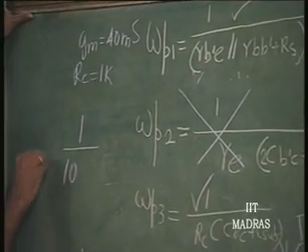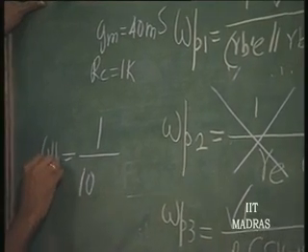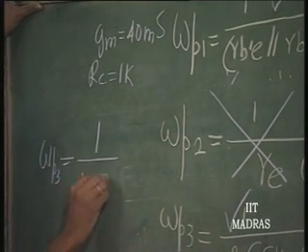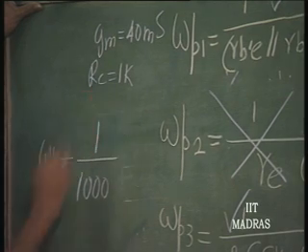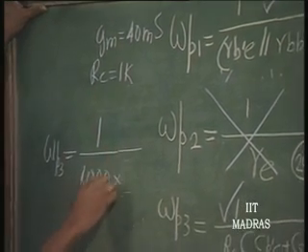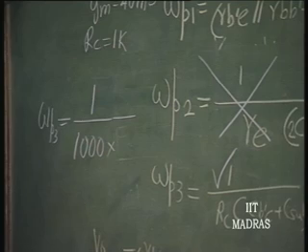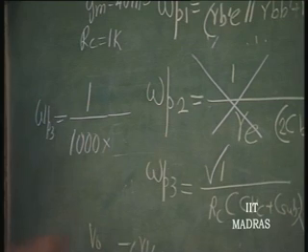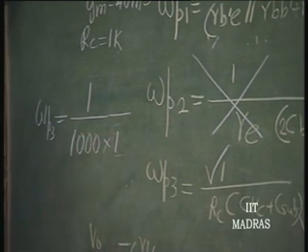Now omega P3 is going to be RC, that is 1 kilo ohm, into, let us take, the CB dash C typical value. With integrated circuits, these will go to fractions of picofarads. Maybe with individual discrete circuits, we can take a typical value of 1 picofarad.